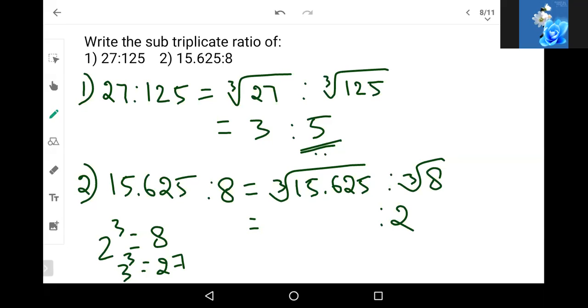So it has to be between these two values, right? 15.625 is between 8 and 27. So the number also should be between 2 and 3. Now let us find out 2.1 cube. Can you calculate 2.1 into 2.1 into 2.1? What is the answer you will get?